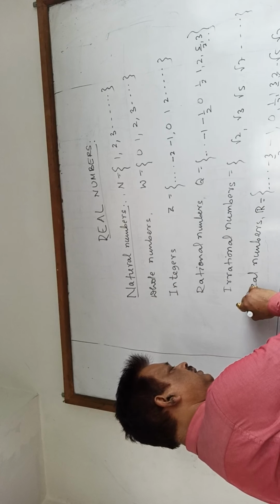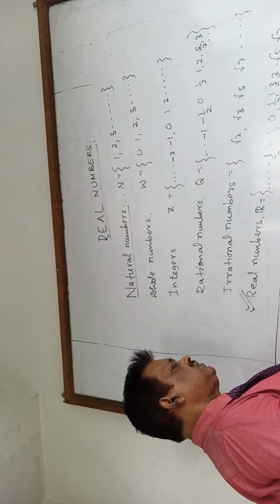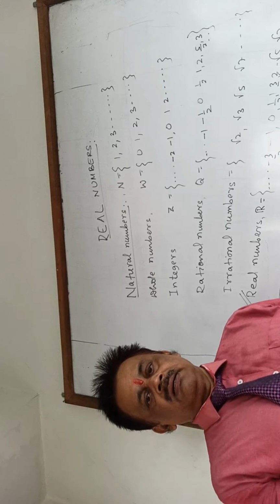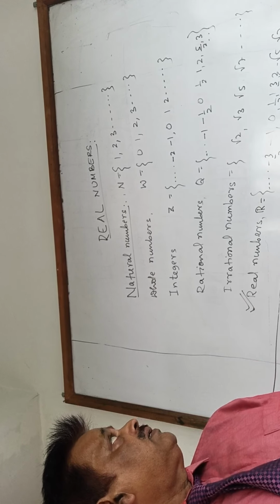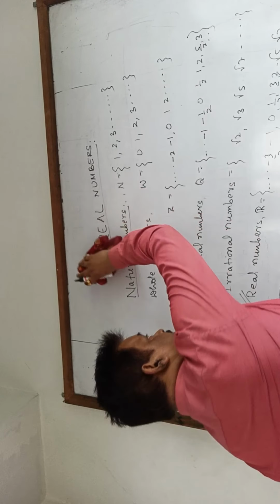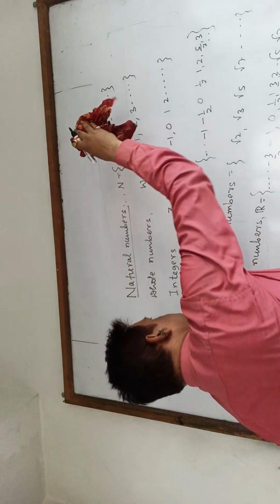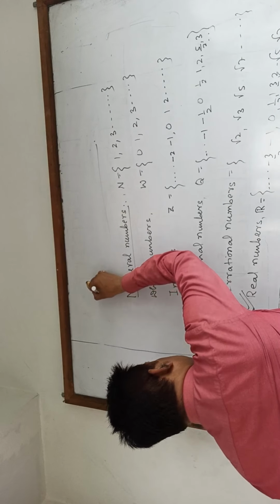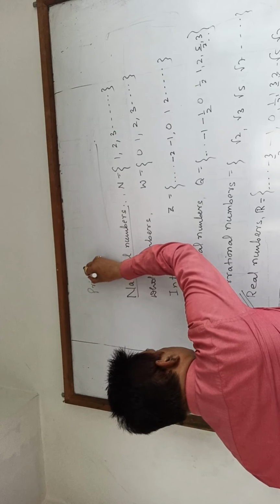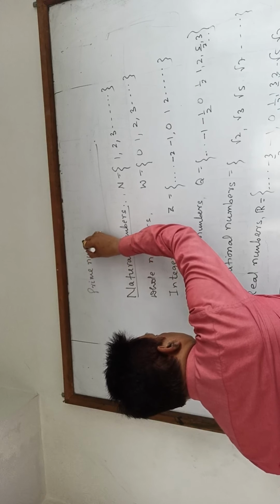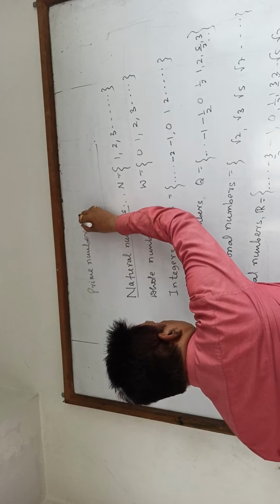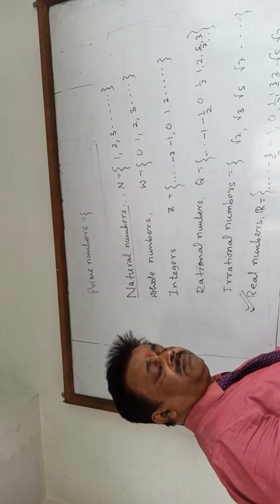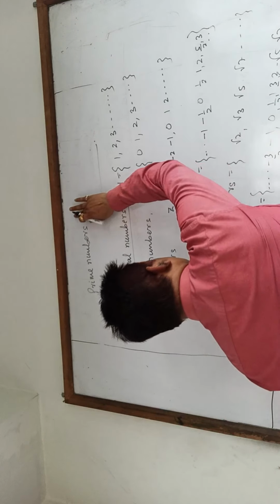So we will be studying in this chapter about this set of real numbers. Again we need a little background on this. So background means, what are called prime numbers. The number divisible by 1 and itself.